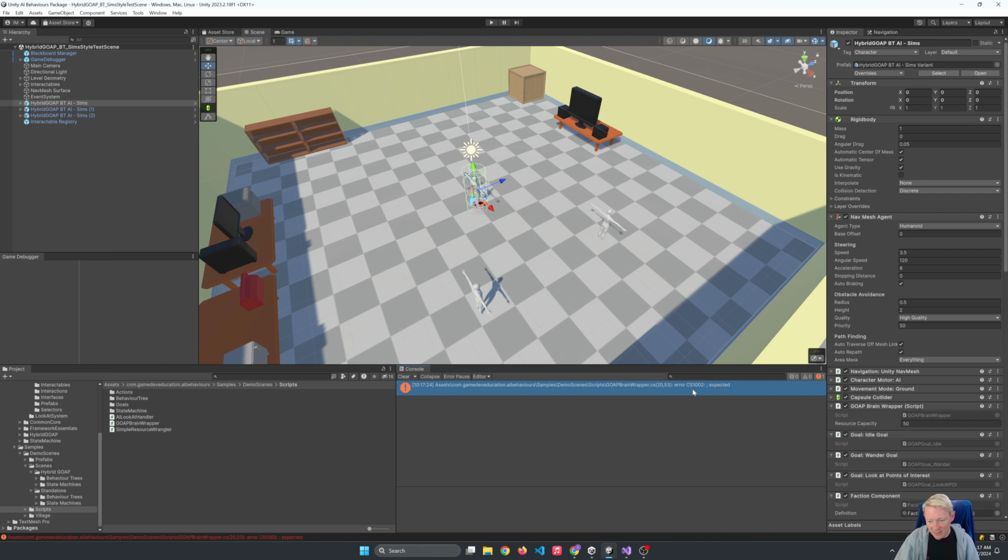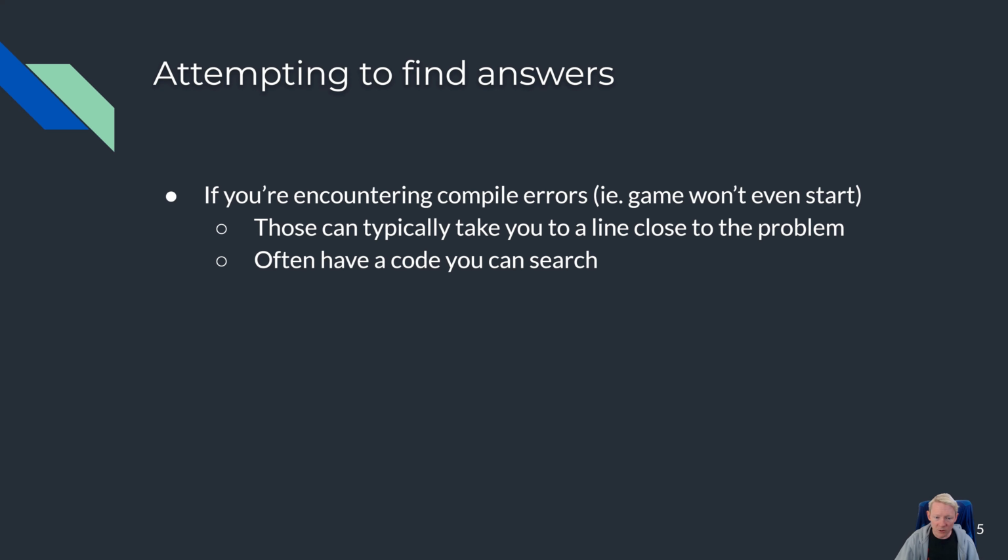That CS1002 is something you can directly search for in whatever tool you prefer to use. So you can use things like that to try and track down the particular problems. That code is searchable, so that can be a great way to find the answers.